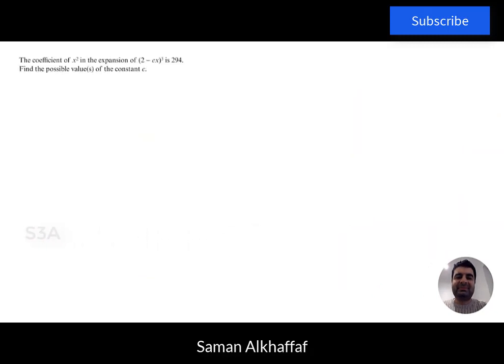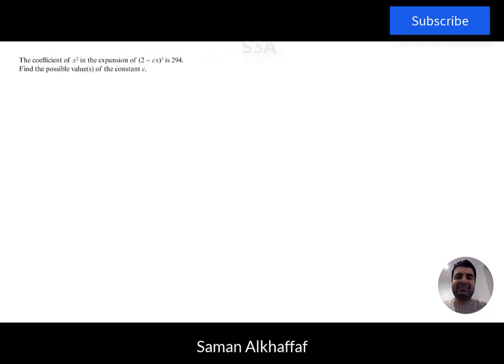In this example, the coefficient of x squared in the expansion of (2 - cx) cubed is 294, and we are asked to find the possible value or values of the constant c.